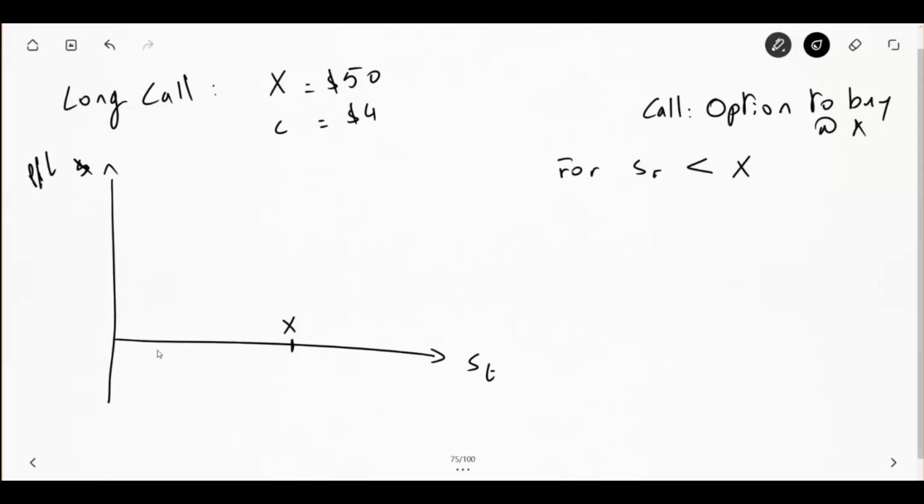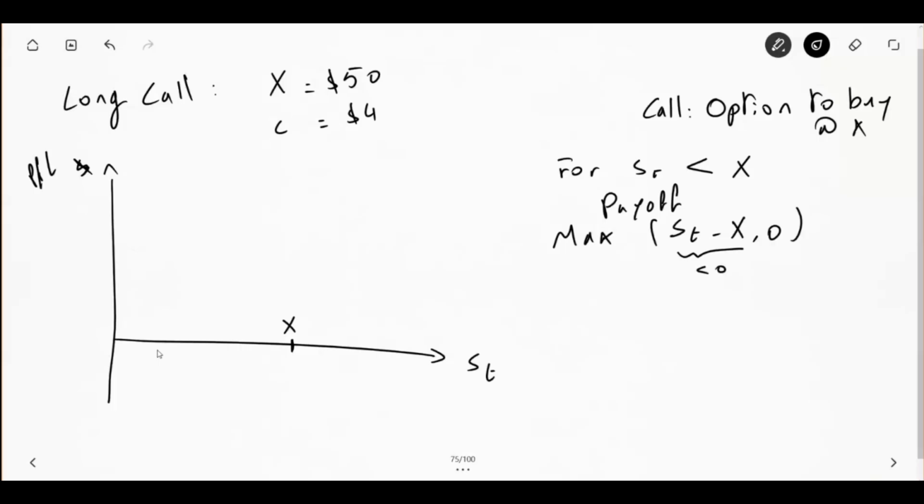So in this case, the payoff is the maximum of ST minus X and 0. So this is the payoff of the position. In this case, if the stock price is below X, ST minus X is going to be less than 0.